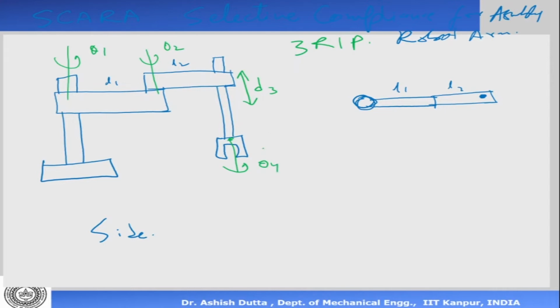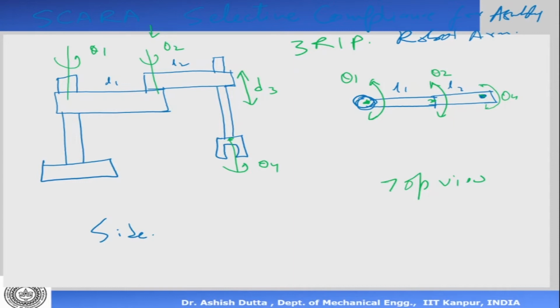Now when I look at it from the top view, the top view is like this. This is my theta 1, this is my theta 2, and d3 is perpendicular to the plane, so you can't see it, and similarly theta 4 is down there at the gripper. If you look at this top view, it appears like a 2-link manipulator only.